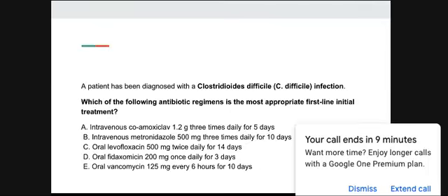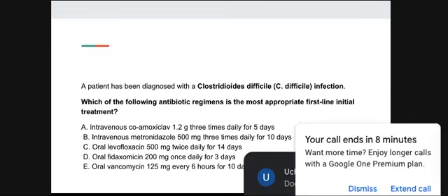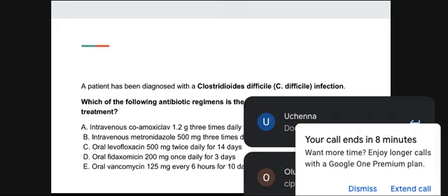Which chemotherapy medication can cause ototoxicity? Starts with letter C. Yes, Olu has mentioned it correctly.